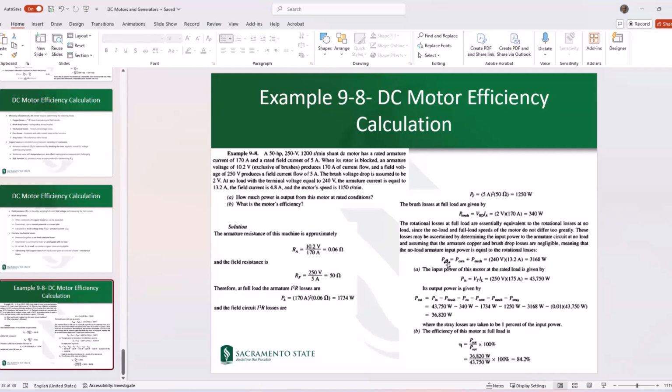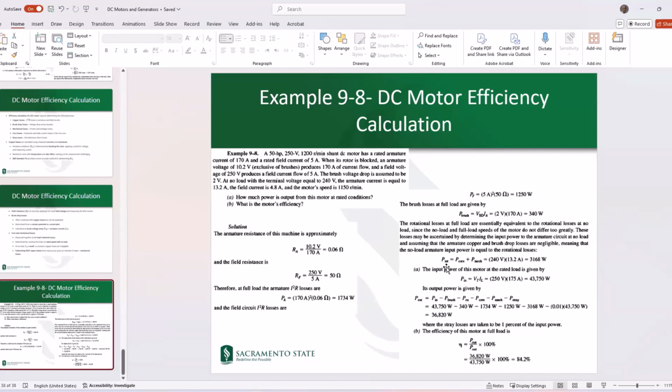Okay. The rotational losses at full load would be essentially equivalent to the rotational losses at no load, since the no load and full load speeds of the motor do not differ too greatly. This is also one type of assumption that we make in these types of experiments. This means that the no load armature input power would be equal to the rotational losses, practically speaking, because under no load conditions, IA would be negligible.